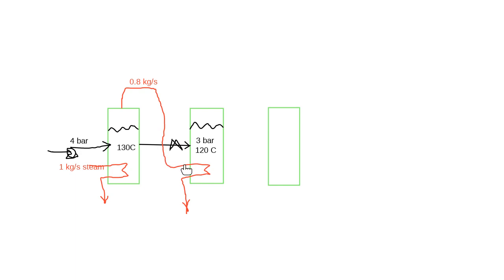You've got 130 degrees C steam coming out in here. It's condensing all along this line at 130 degrees C, and eventually you can pull out condensate. And that 130 degrees C provides the driving force for this next unit operation. And we can carry on like this until we run out of pressure, essentially.